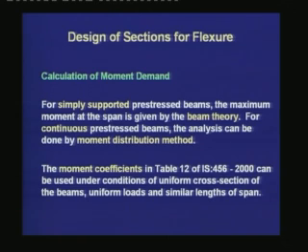That means the code IS 456 allows us to use moment coefficients to find out the moments at the span and at the supports for a continuous beam, provided we satisfy certain conditions. And if we satisfy those conditions, then we can use those coefficients directly, and if those conditions are not satisfied, then we have to do an analysis based on the moment distribution method.